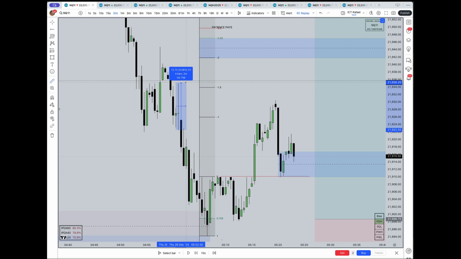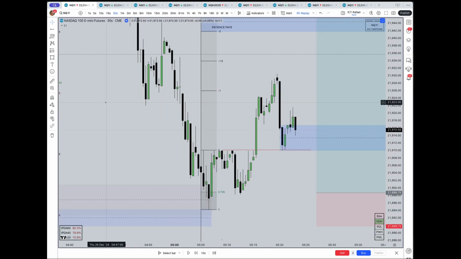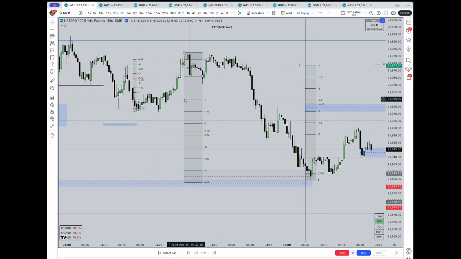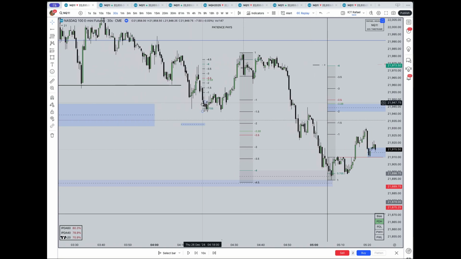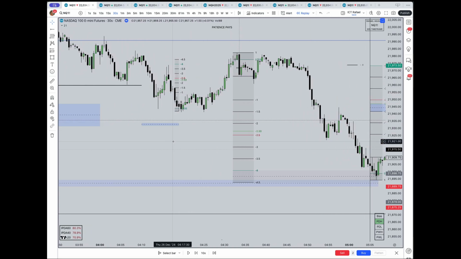This candle is a manipulation candle. So when you see this aligned to -1, it's another confluence that I'm on the right side, because if you see on the old ones, on -1 we always have some manipulation. We have a breaker here.